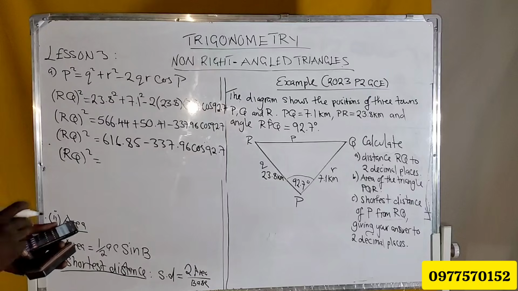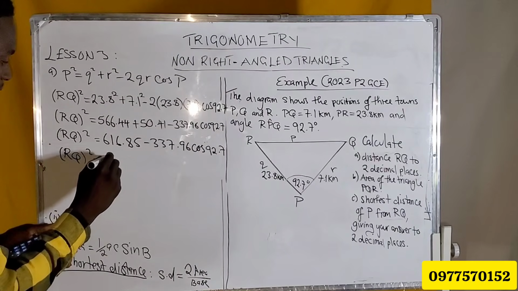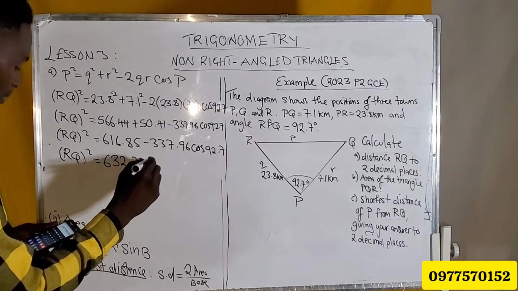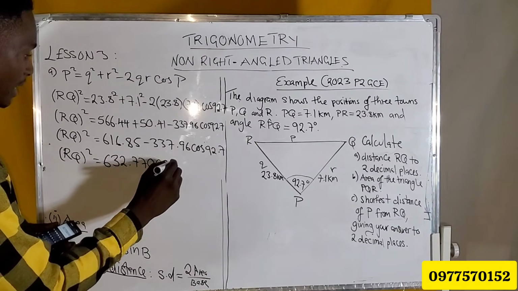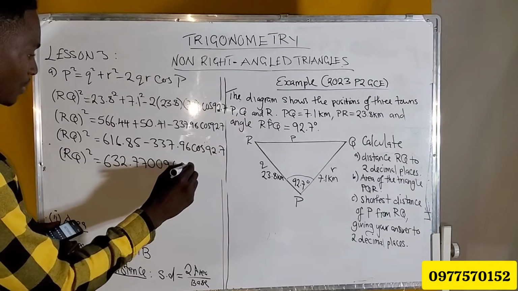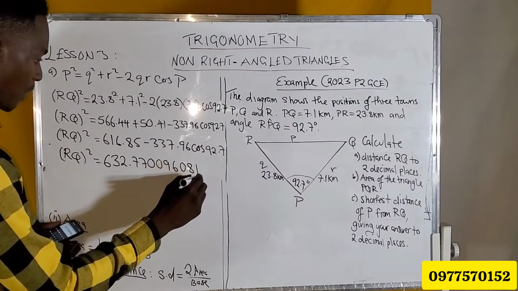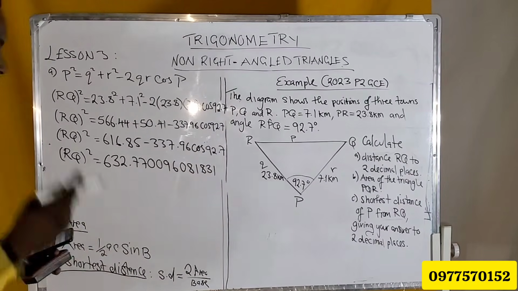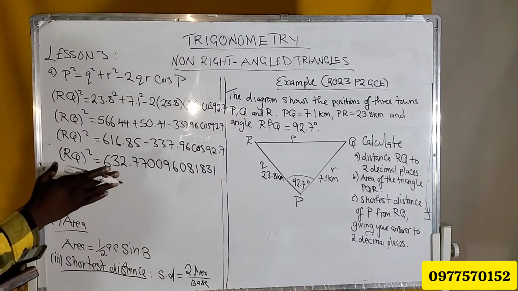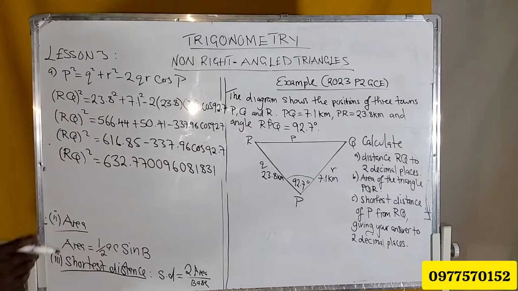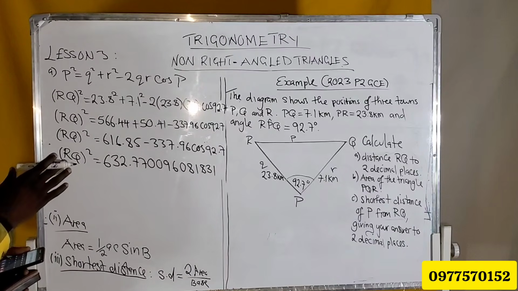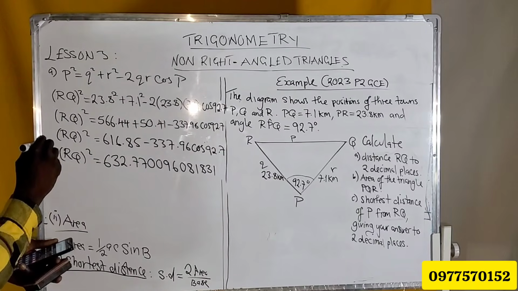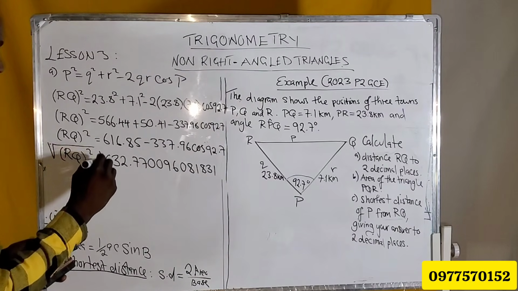Okay, so this one is giving me 632.760831. You see, this is the answer after doing that. Now check. Since here this one is RQ, yes, but it's RQ squared. So what we're going to do is we are going to square root both sides.